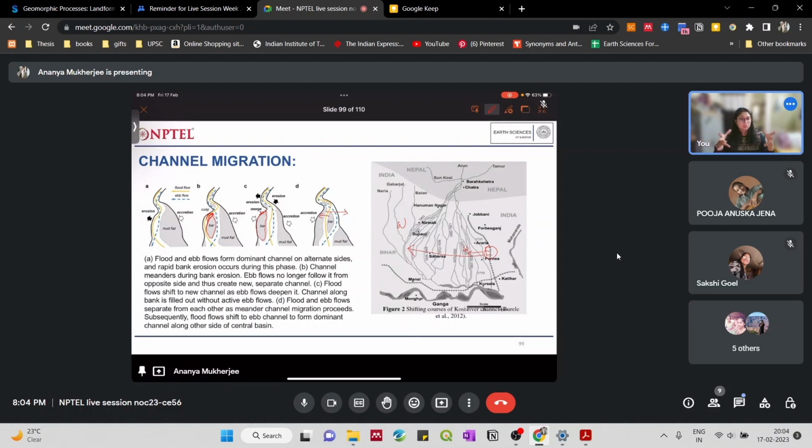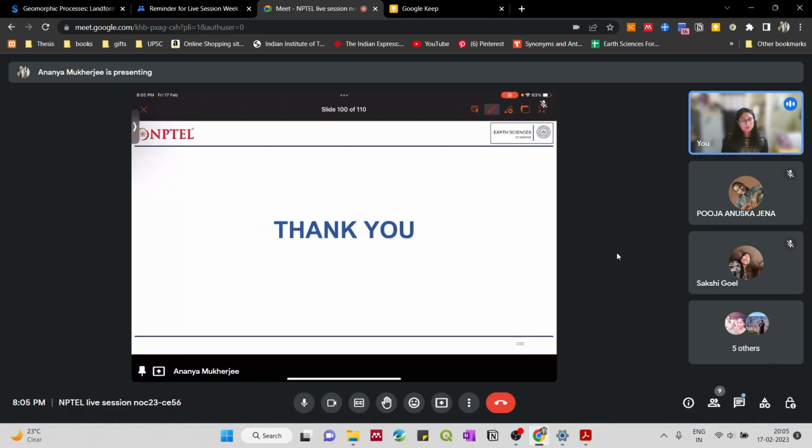So if the river valley area is pretty wide and the drainage density is in the moderate region, the channel migration is very much possible. Okay, and we saw the example, the Kosi river is one of the examples where you see channel migration, and we also see the consequences of the channel migration. Okay, so for today, we have till here.